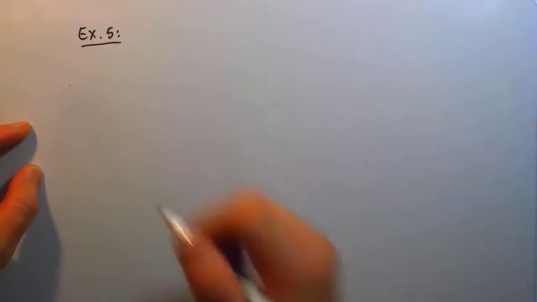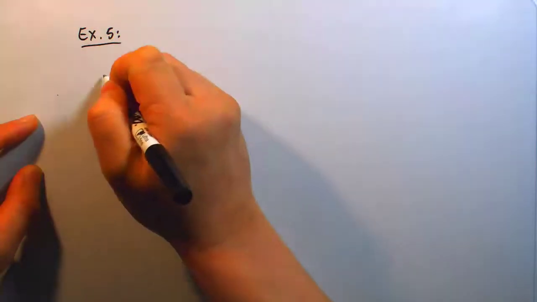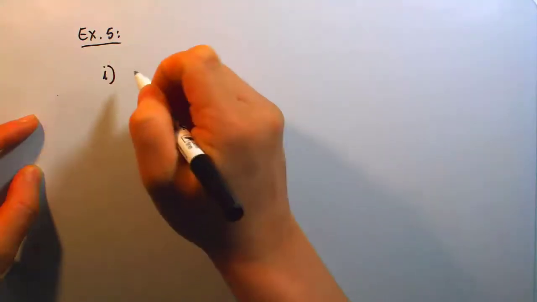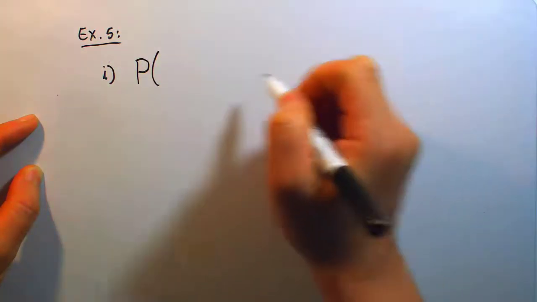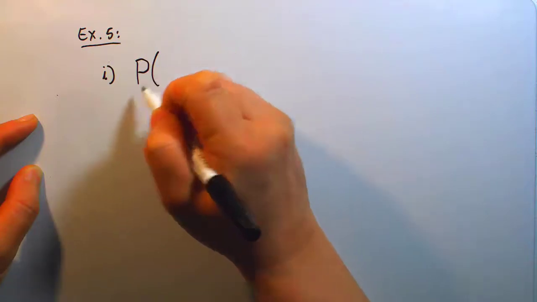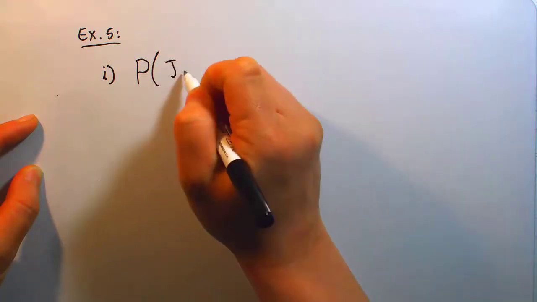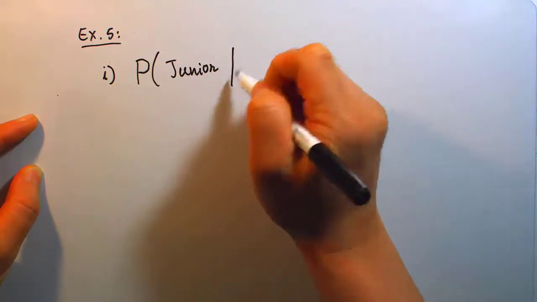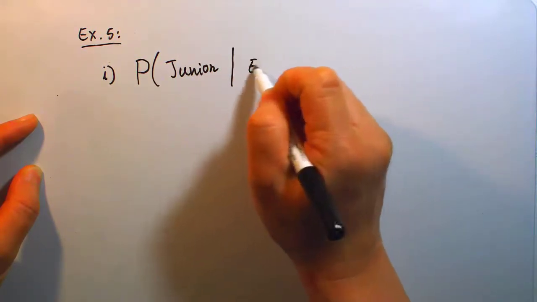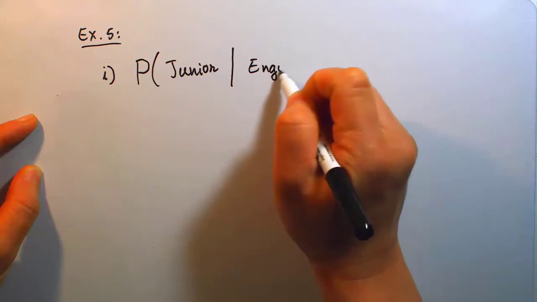All right, so last question of this example. How about question I? Let's bring in some conditional probability. I want to find the probability of being a junior given that the student is an engineer.